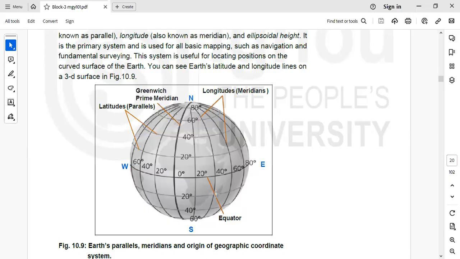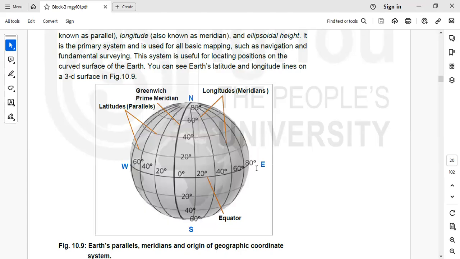As a result, they are also known as parallels. So the latitudes never cut each other. There is a 0-degree latitude, which is known as the equator, and it divides the Earth into two hemispheres. The south one is known as the southern hemisphere, and the north one is known as the northern hemisphere.